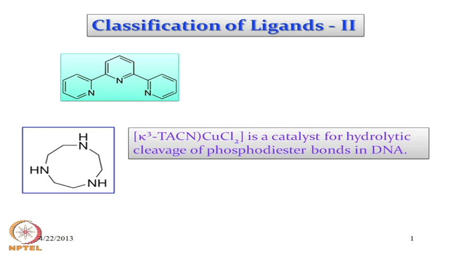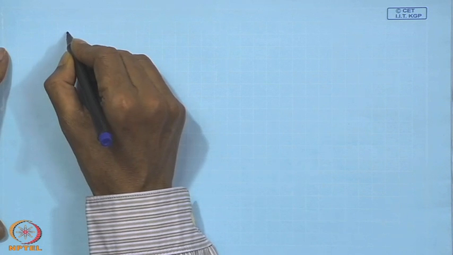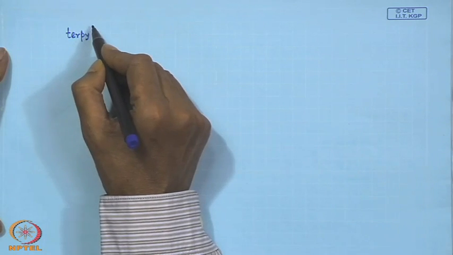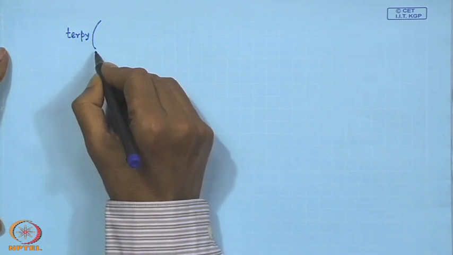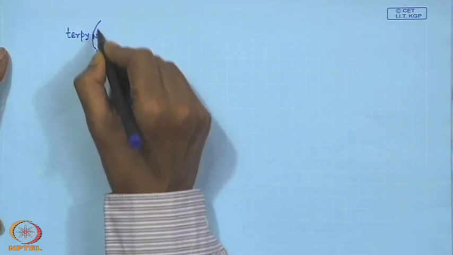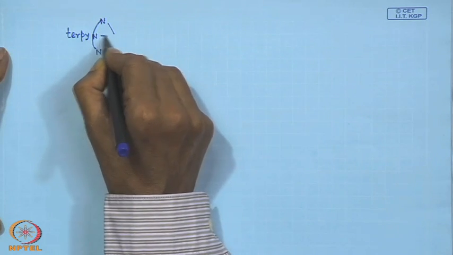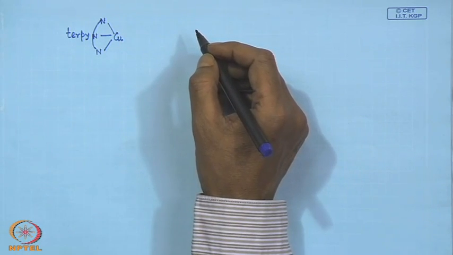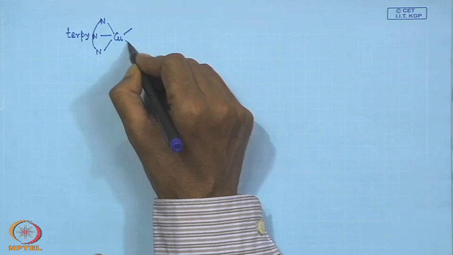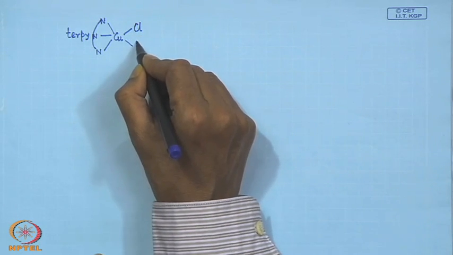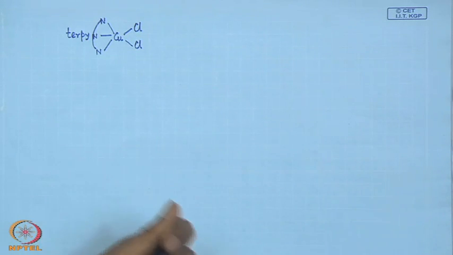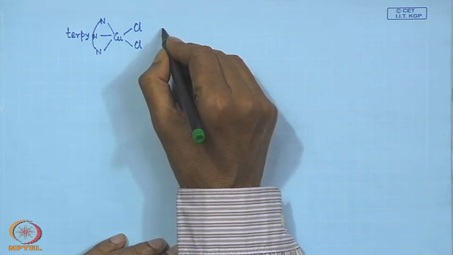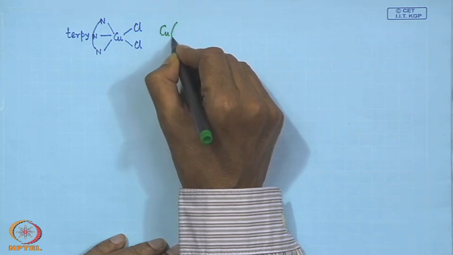What we see in this particular case is that when we have a bipyridyl or terpyridyl type of ligand, terpyridine provides us 3 nitrogen donor atoms, and they form 3 bonds in one particular plane. If the charge is satisfied by 2 chloride ions binding, it would be the corresponding copper terpyridyl Cl2 molecule.